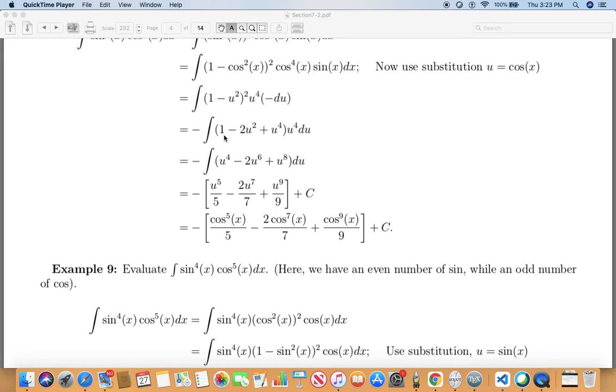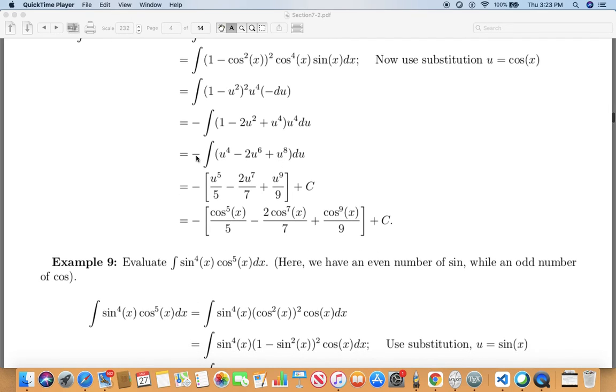Integral of, now distribute the u to the power 4. u to the power 4, minus 2u to the power 6, and u to the power 8. So with the negative outside, integral of u to the power 4 is u to the power 5 over 5, minus 2 times integral of u to the power 6, plus integral of u to the power 8, plus constant of integration.